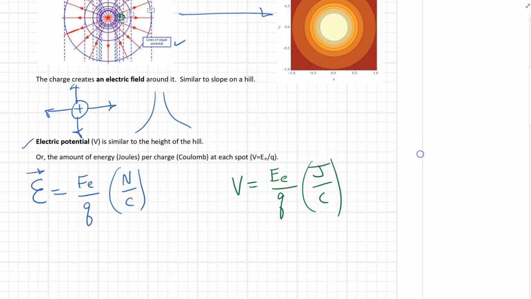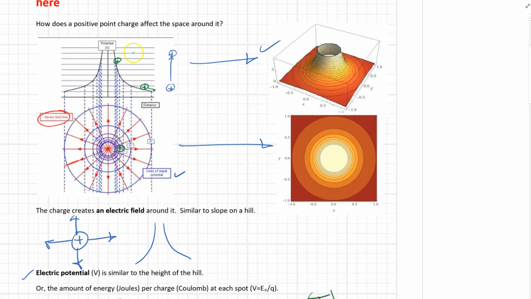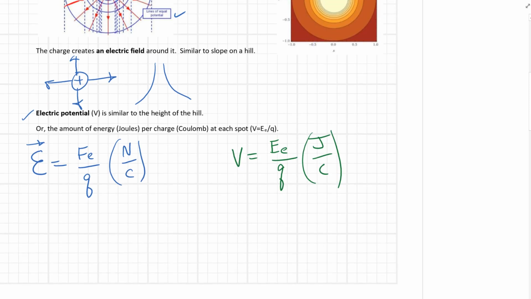So thinking then about elevating a charge. Earlier here I had this positive charge that I'm moving up the hill. So thinking here, when I move a positive charge, here we can say up the hill.